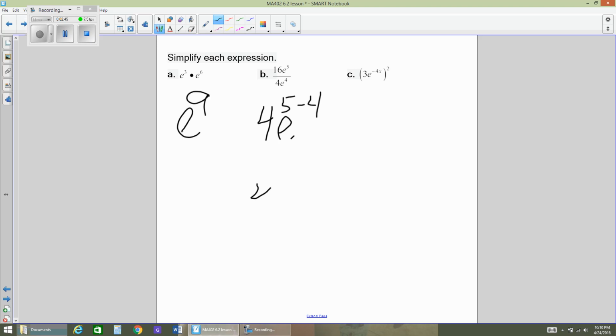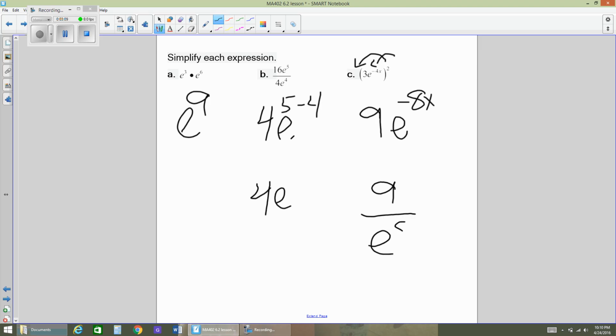Okay, and so that is just 4e. Over here, that 2 distributes to both of the powers. So you've got 9e to the negative 8x. And we're going to take that down and say it is 9 over e to the 8x.